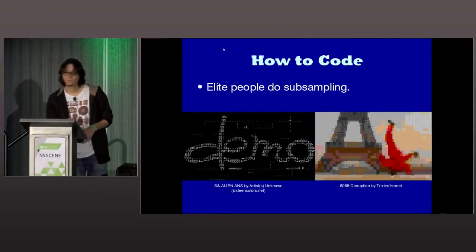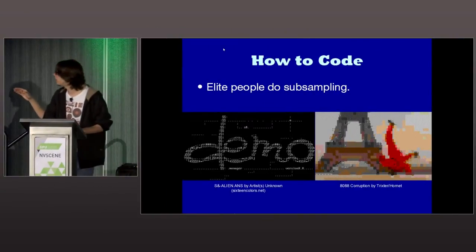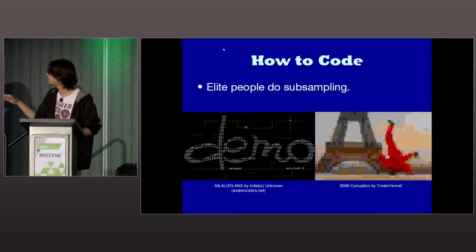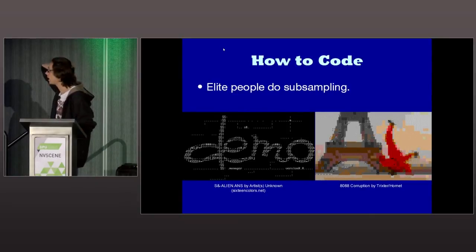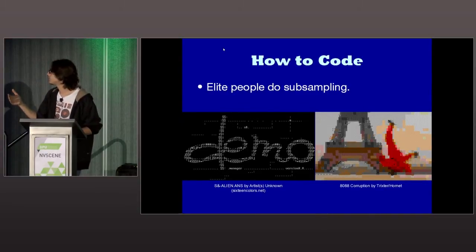Also there is subsampling. Elite people do subsampling, like I've written. For example, ASCII and ANSI artists have been doing that for ages. When I say subsampling, I'm saying that you put more shapes. You define the shape better than just using the character as a pixel.